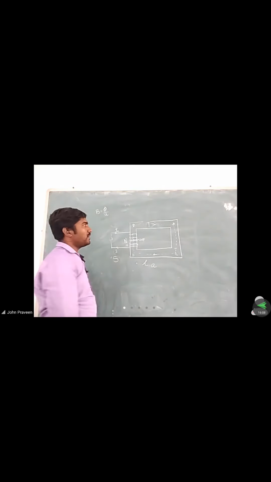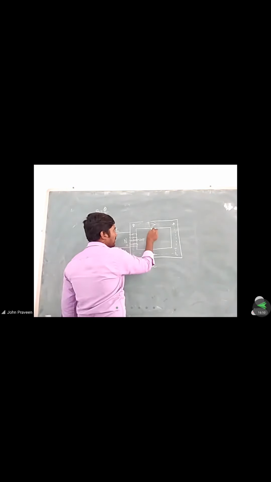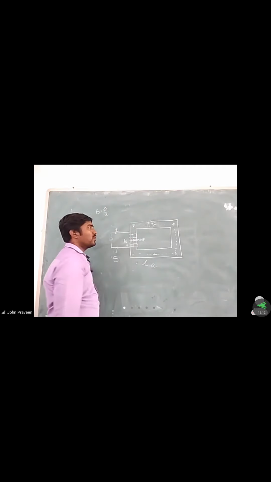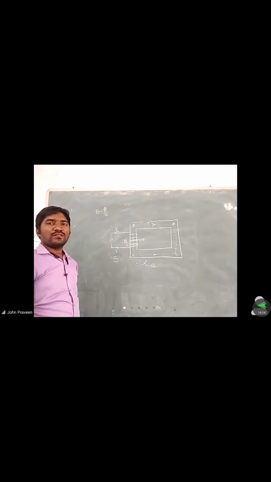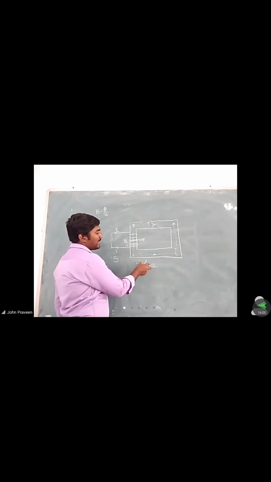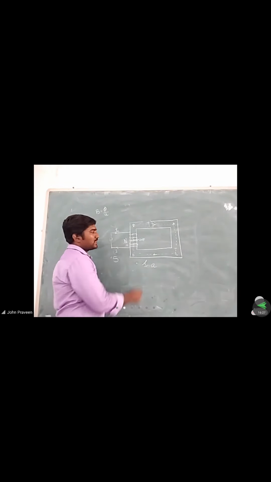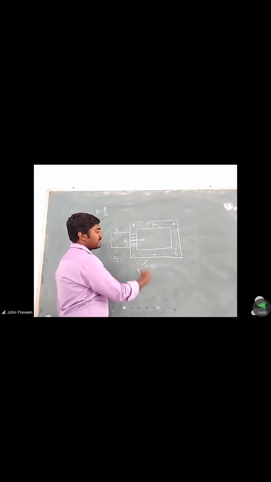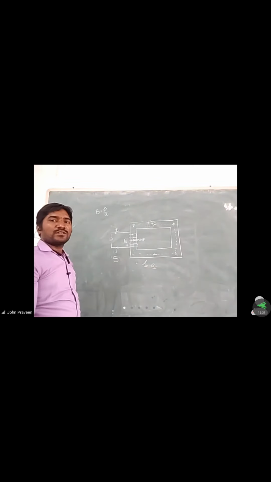So first we want to find out what is the density of the flux. To find that, we take the assumption that the magnetic length is a small l, and the cross section area is a small a. From that we can write a relationship.